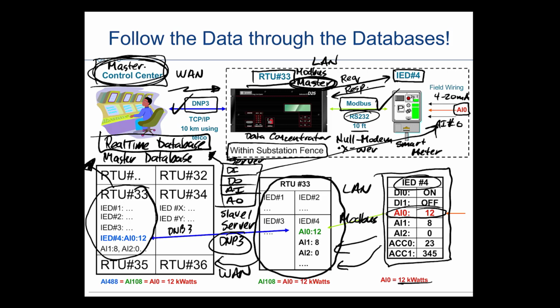But as soon as we have another poll coming around to RTU 33, what was in there becomes historical, and the new data going in is what's called the real-time data. It's a real-time snapshot of what's going on at that remote location.